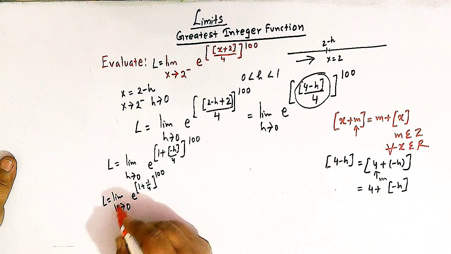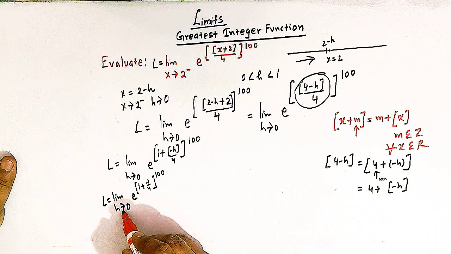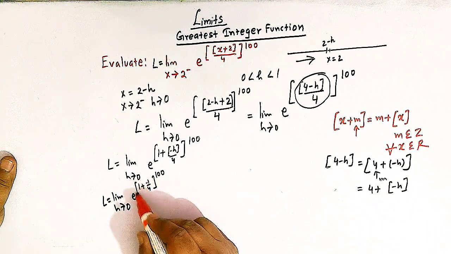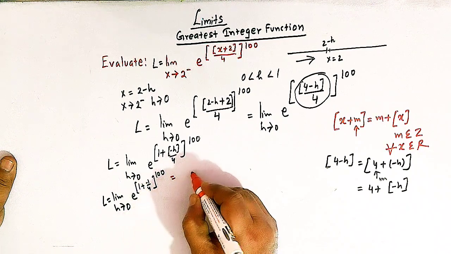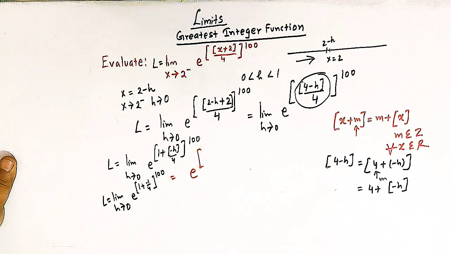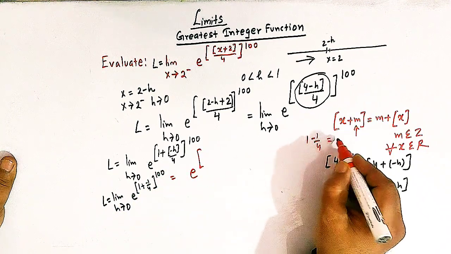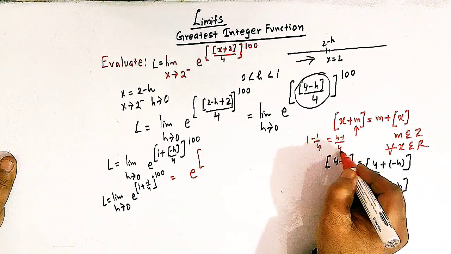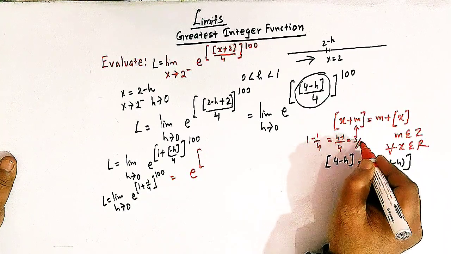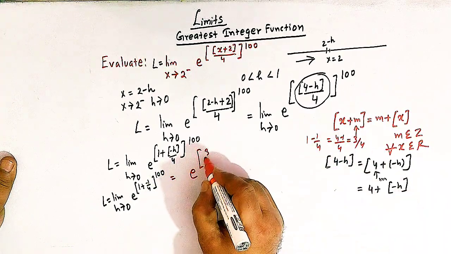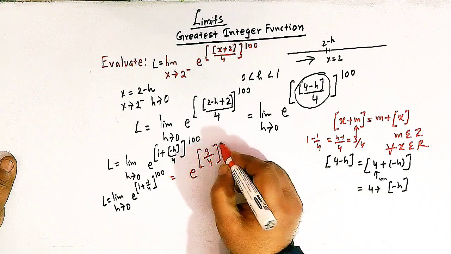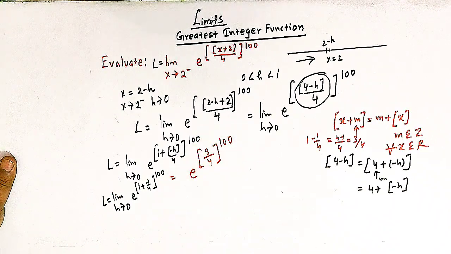Now we can remove the limit notation because here we do not have h. So we can write simply e raised to greatest integer of 1 minus 1 over 4, which is 4 minus 1 by 4, that is 3 over 4, raised to 100.